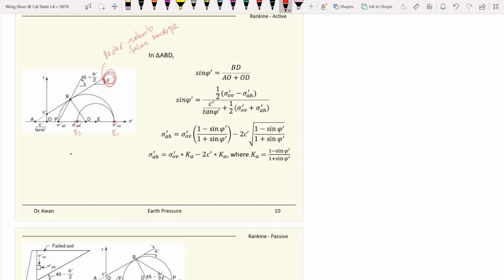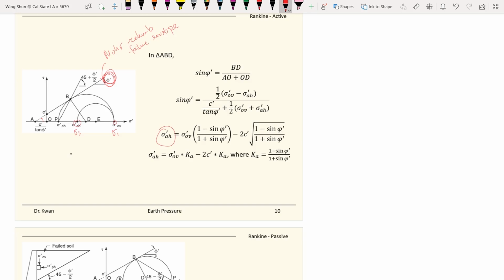So this is angle phi right there, and you take the sine of that, and then you work on the geometry, and then we can represent the horizontal stress in terms of the vertical stress.